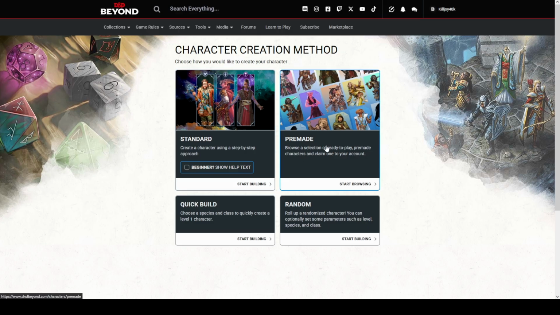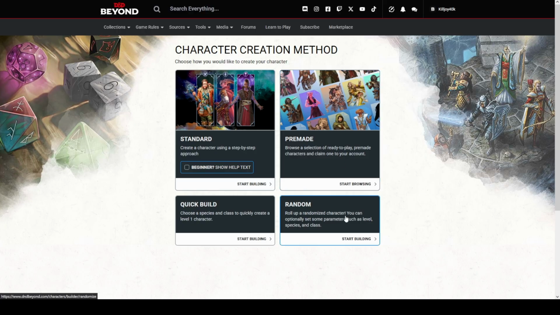There's also pre-made. These are for modules. Modules are D&D books that are set up to be a contained campaign. So it's a whole adventure. The pre-made characters are in those adventures, or they're characters that are from the D&D lore.